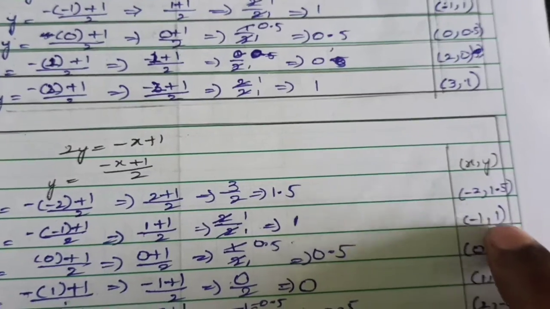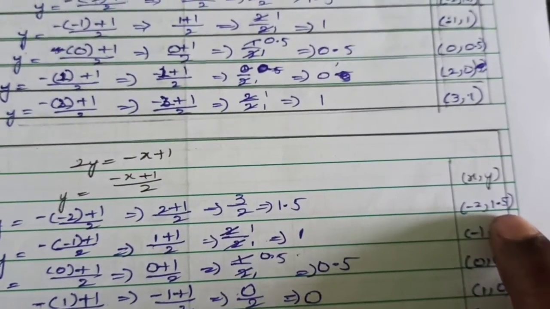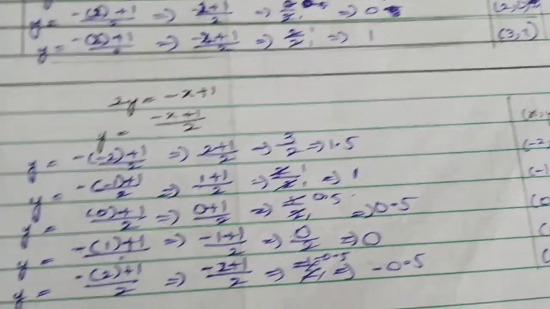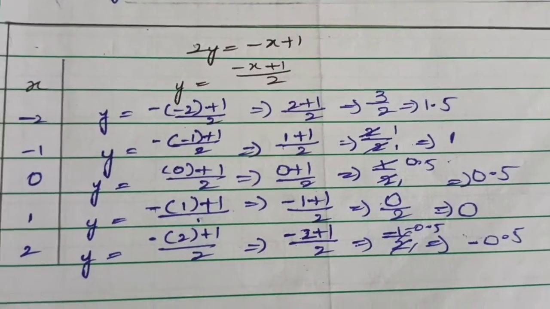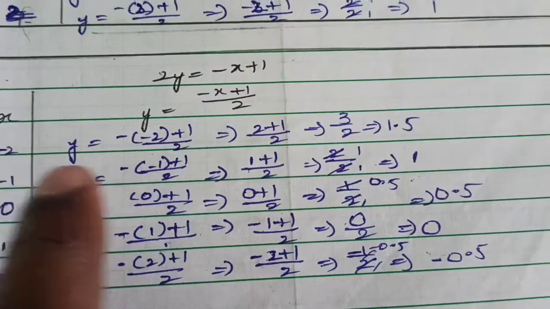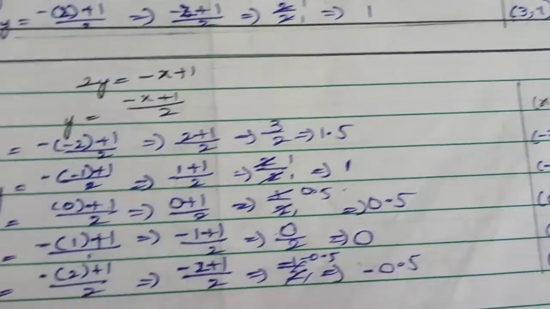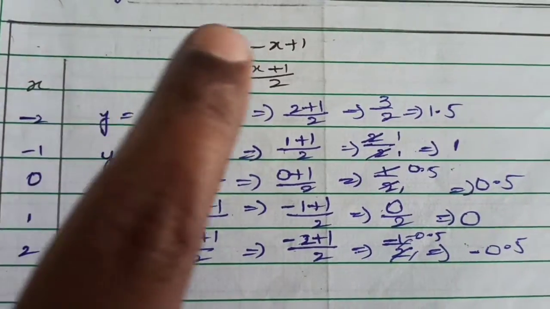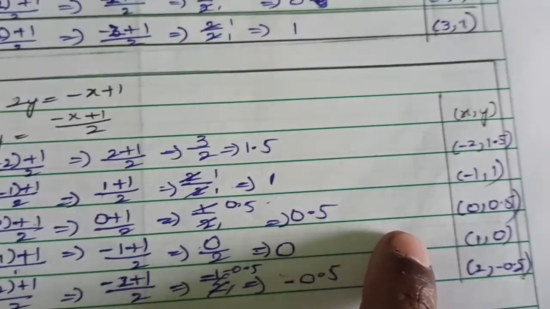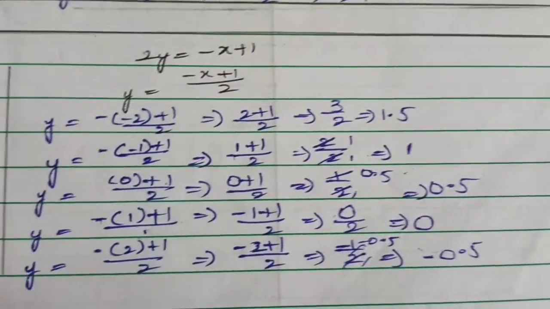So x comma y: the x value is minus 2, then the y value is 1.5. Similarly, when minus 1 is substituted, we get 2 by 2, that is 1. So minus 1 comma plus 1. When 0 is substituted, x is completely 0, then 1 by 2, which is 0.5. So when x is 0, y is 0.5.